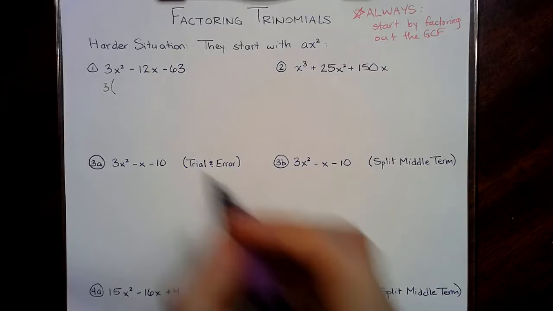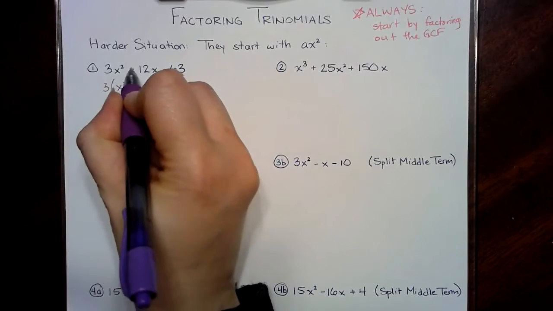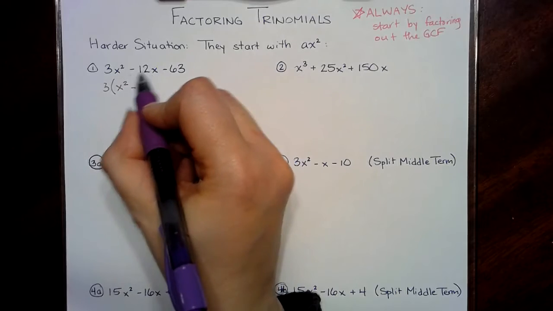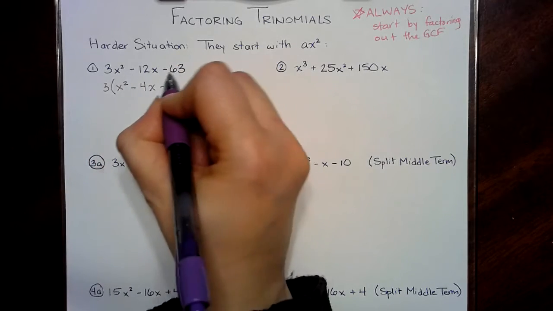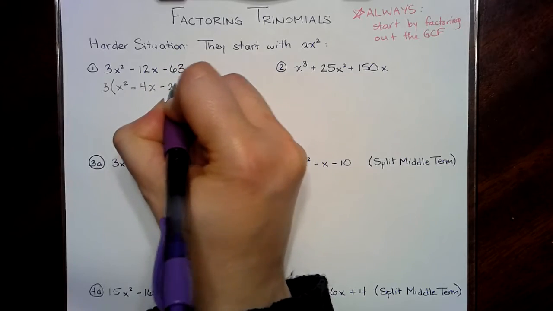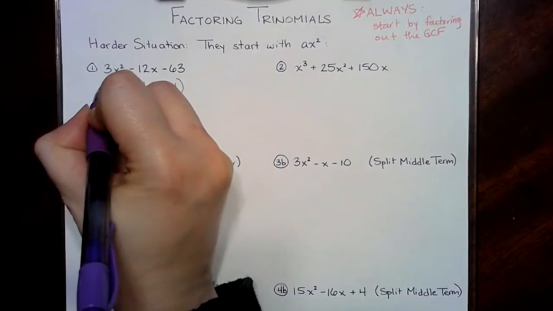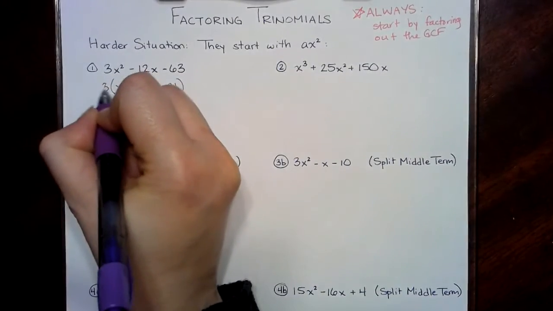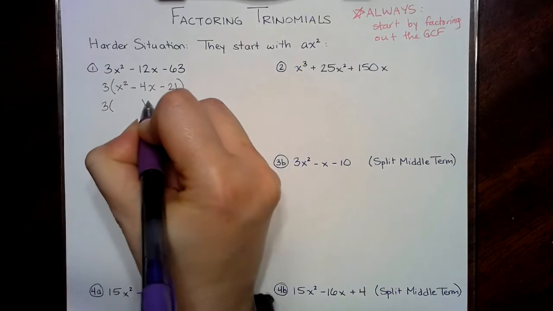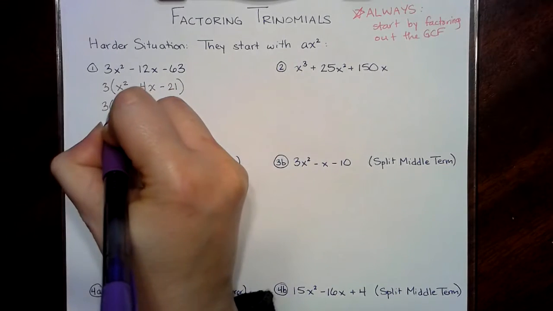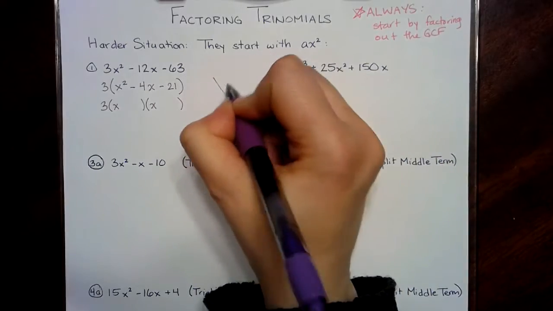So if I take 3 out, the first term becomes just x squared. The 12 becomes 4. And the 63 becomes 21. And now, although there's this 3 kind of sitting out front, I'm still going to factor in the same way that I did before.